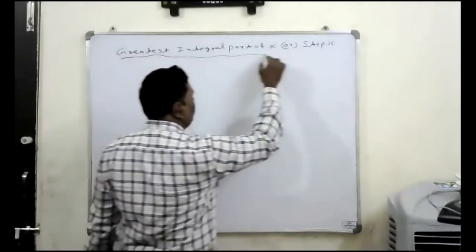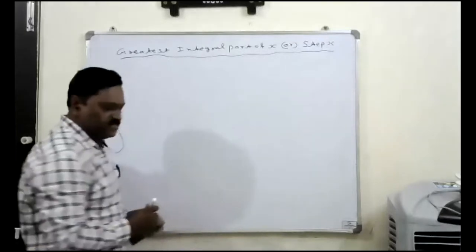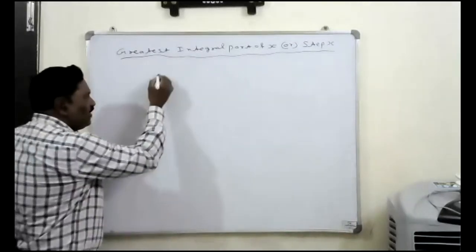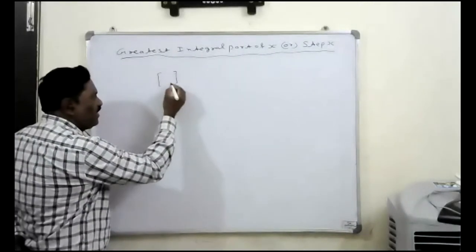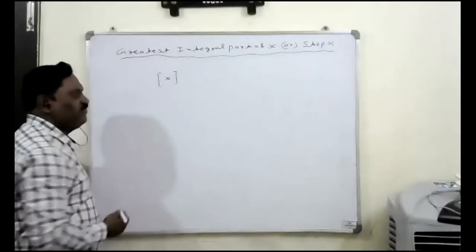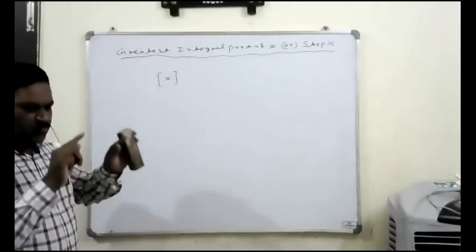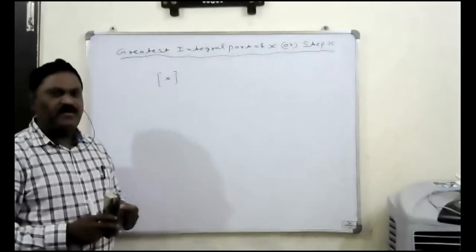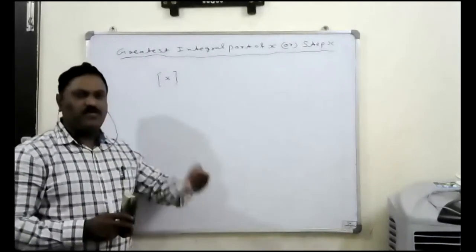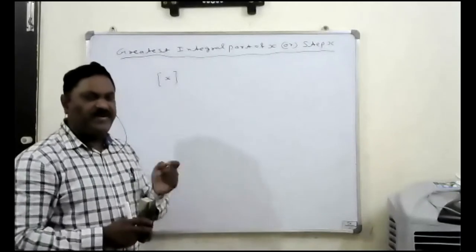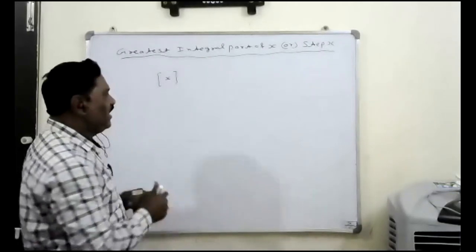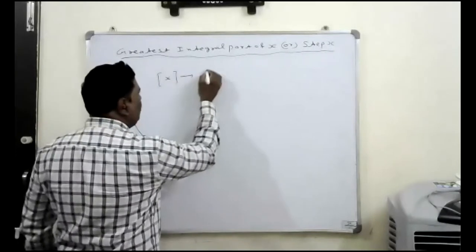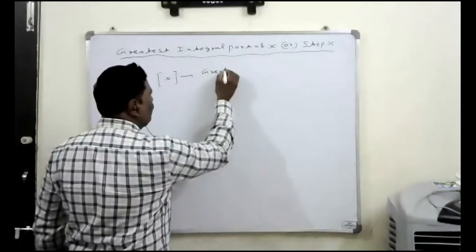What is the meaning of this greatest integral part of x? If you write the square bracket and keep x within the square bracket, we have to read it as the greatest integral part of x, or simply the integral part of x.